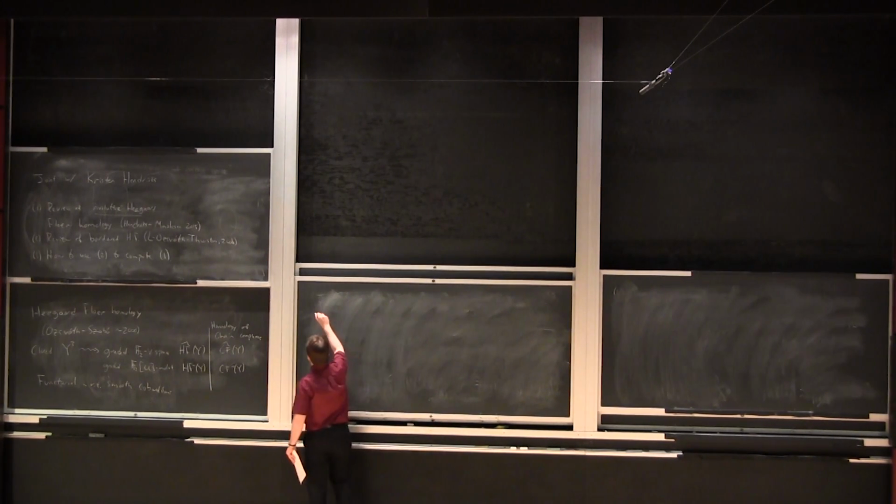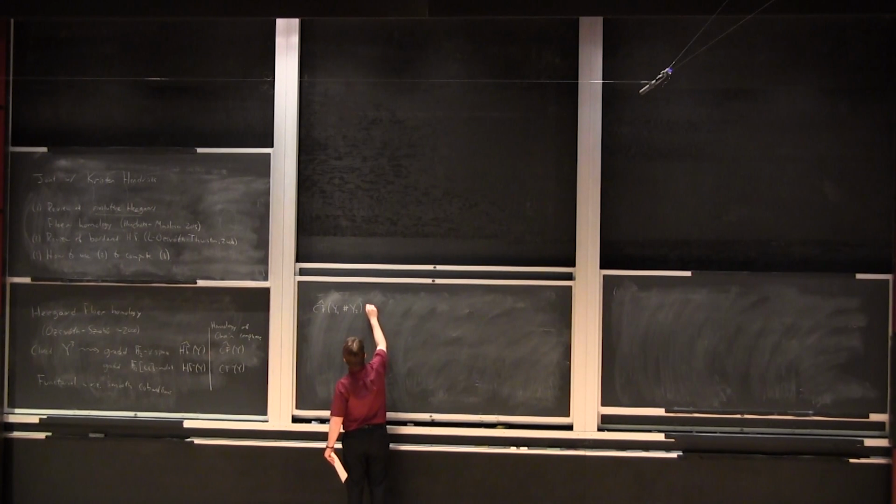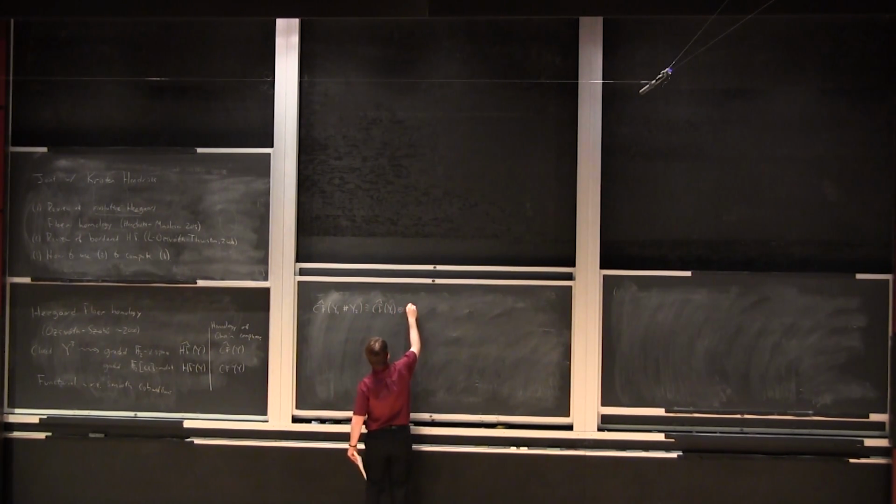So if you take a connect sum, CF hat of Y1 connect sum Y2 is CF hat of Y1 tensor CF hat of Y2.